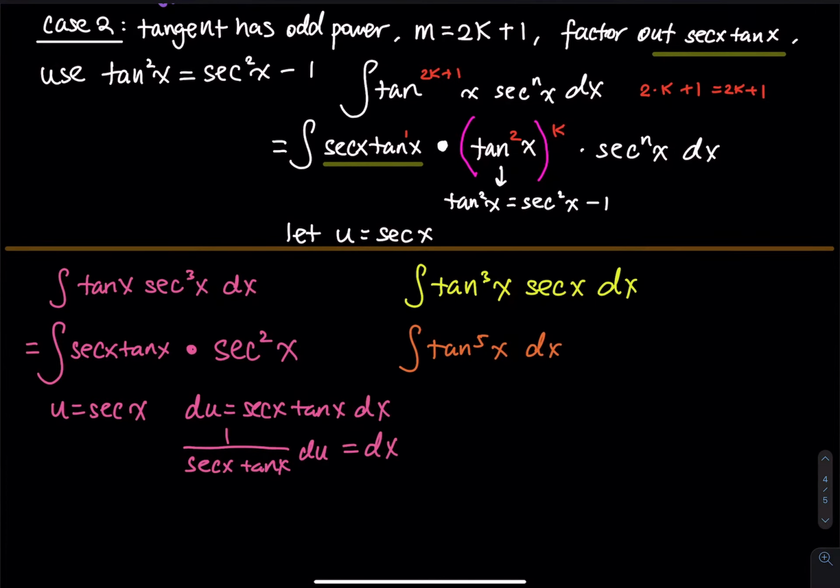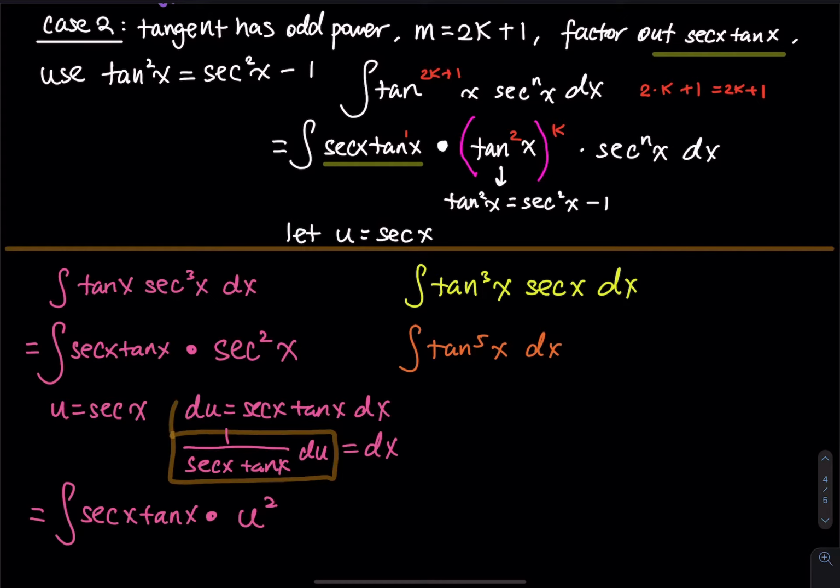Now we do the change of variable. So we have the integral of secant x times tangent x, times secant square x, but the secant square x becomes u square. And then you have to replace the dx, which is now 1 divided by secant x times tangent x du.